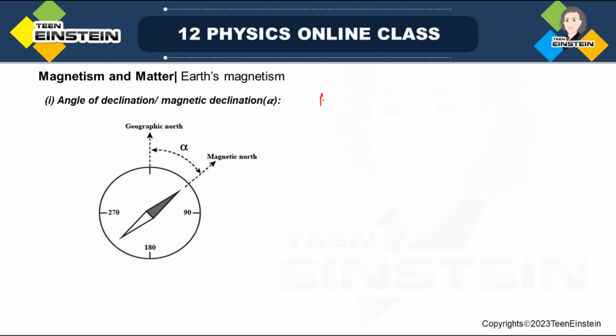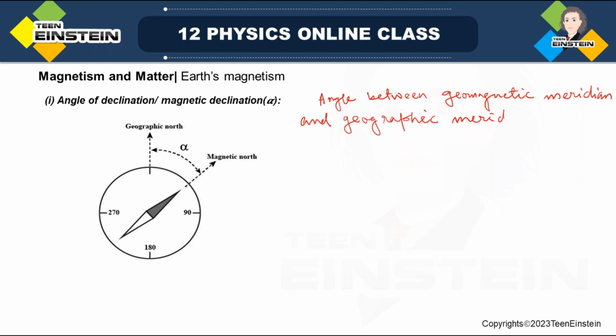So the angle between the geomagnetic meridian and geographic meridian is called the angle of declination, or magnetic declination. It is denoted by alpha, as you know.